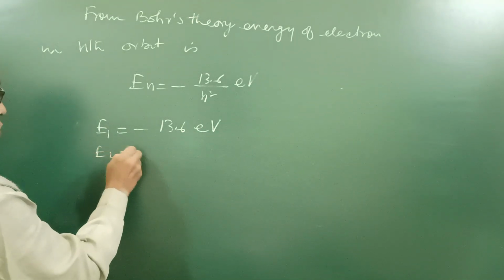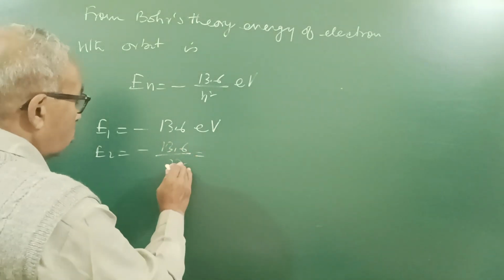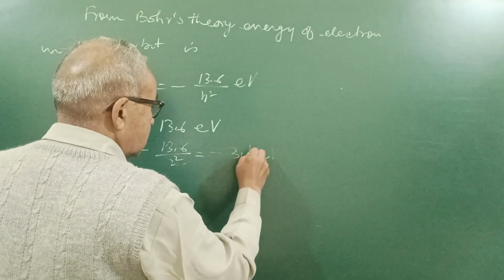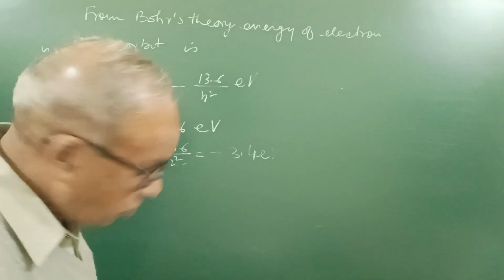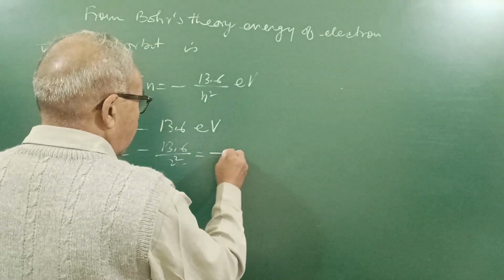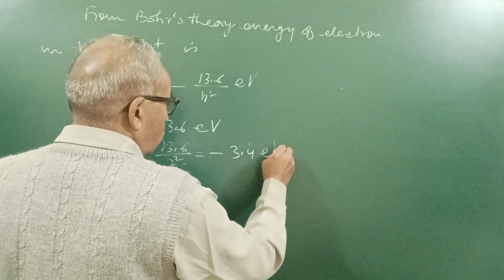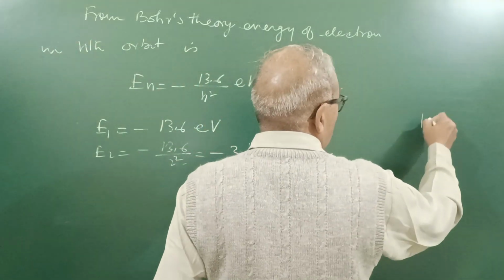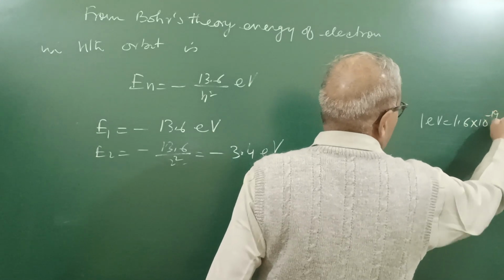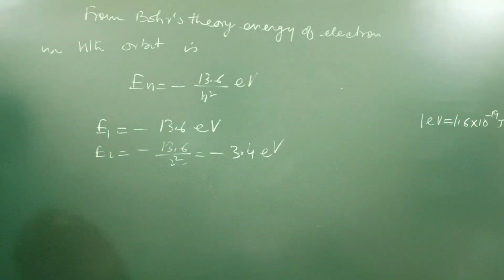E2 is minus 13.6 upon 2 square; 2 square is 4, so it is minus 3.4 electron volt. You know 1 electron volt is 1.6 times 10 to the power minus 19 joule. Remember it. We have done a lot of calculation in the photoelectric effect.